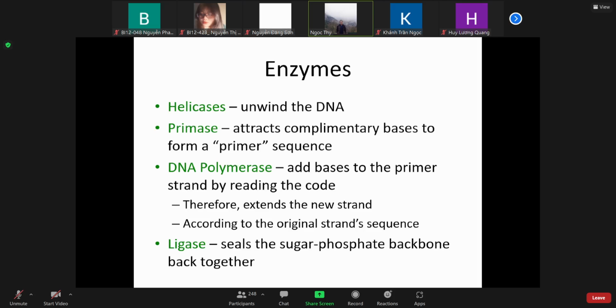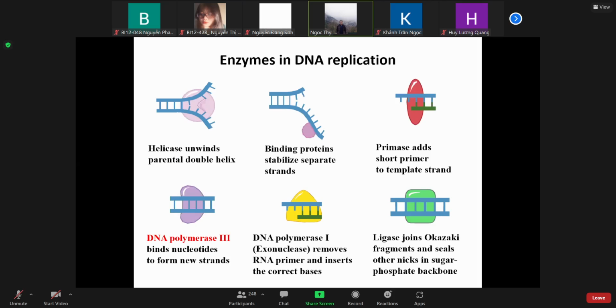First we have the helicase, which cuts down the hydrogen bonds linking the two strands of the double-strand DNA. We have binding protein that stabilizes the separated strands. We have primase that adds the primer on the template strand.